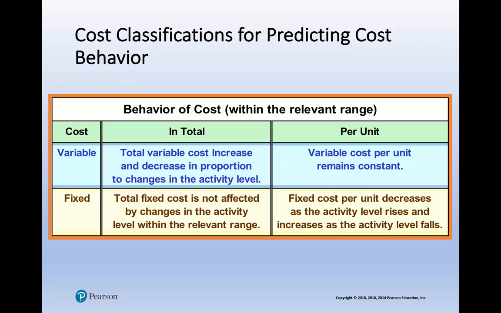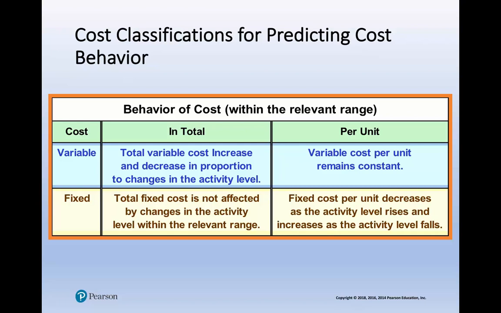To picture fixed cost, think about anyone who has ever rented an apartment from a landlord. They set the rent at, say, $1,000 a week. And if you have any roommates, you'll understand that the more roommates you have, the more people are sharing in that cost. The landlord might say, as long as you don't have more than 5 roommates, it's $1,000.